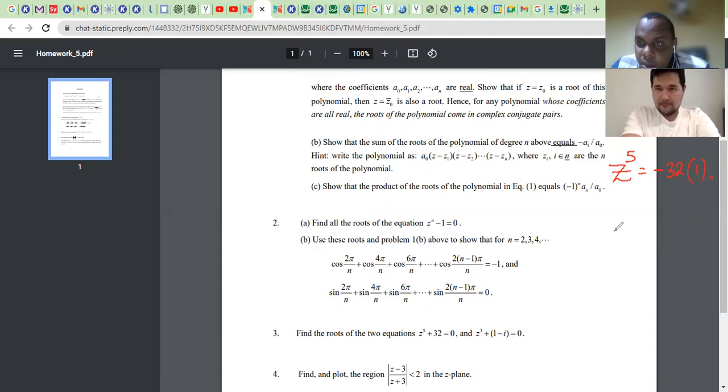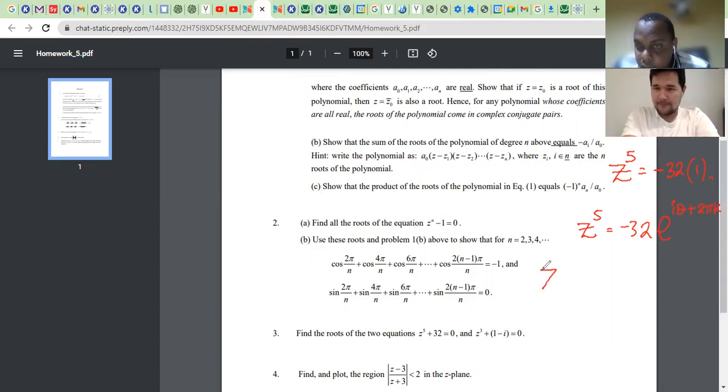And we already saw that z to the power of 5 equals -32 e^(iθ + 2πk).